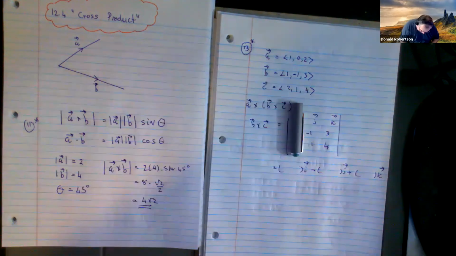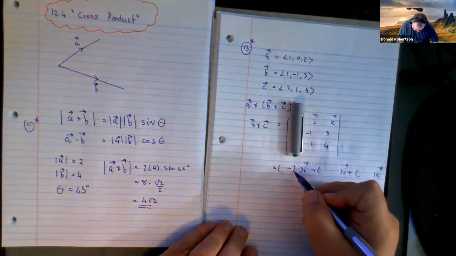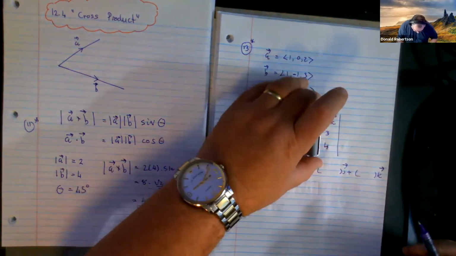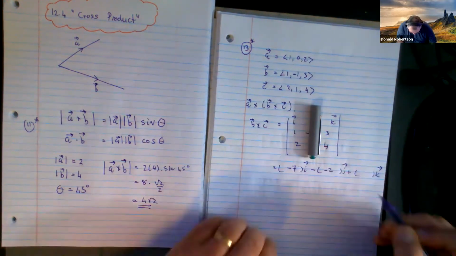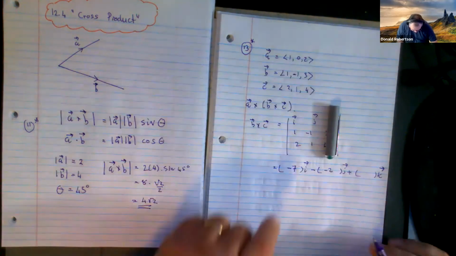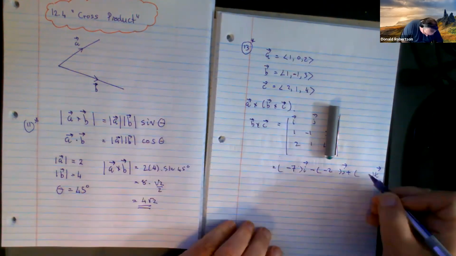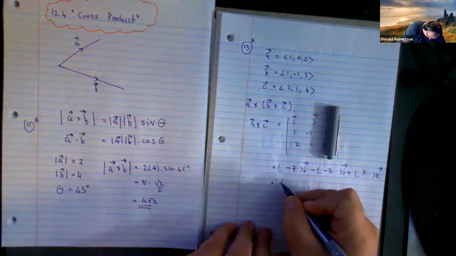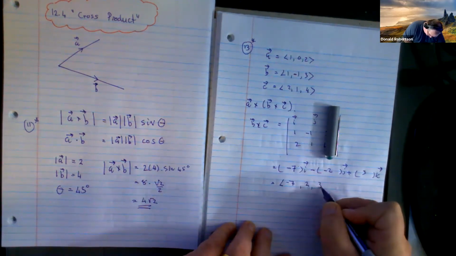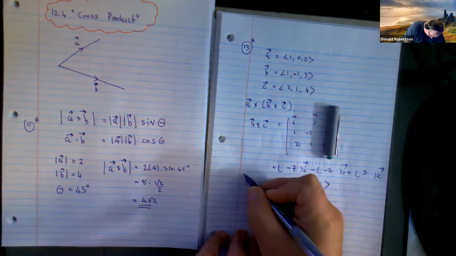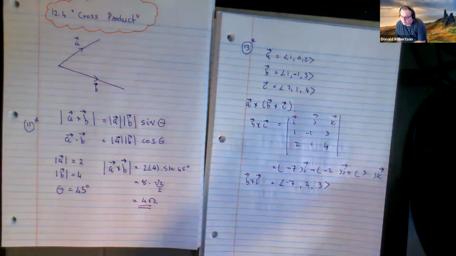If you cover up that guy, you get -4 take away 3, which is -7. If you cover up the j column, you get 4 take away 6, which is -2. If you cover up the k column, you get 1 take away -2, so you get 3. And so the answer is -7, +2, +3. And we now have kind of halfway, right? We got that guy.